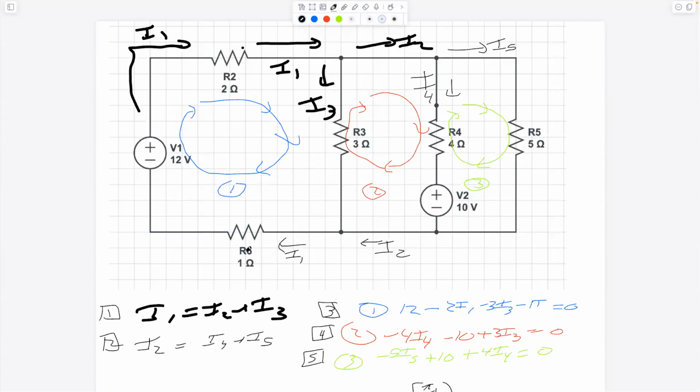As I go around this loop, that last one was 1 times I1. I probably said it and then wrote it wrong. Oh, that was blue. So I can combine those together right there. See, I've got that I1 and that I1.